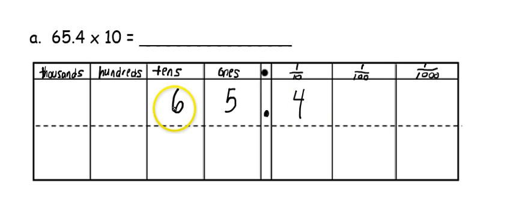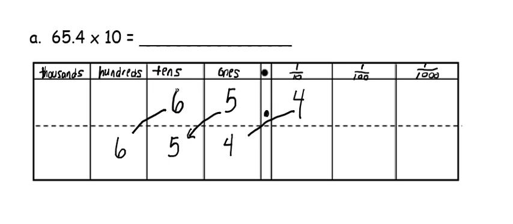For example, if I take 60 times 10, it becomes 600. If I take 5 times 10, it becomes 5 tens or 50. If I take 4/10 times 10, it becomes 4 ones.